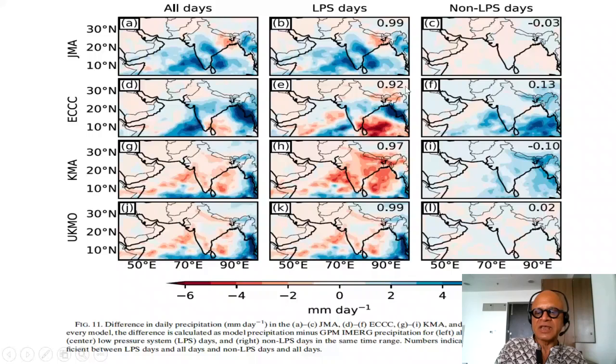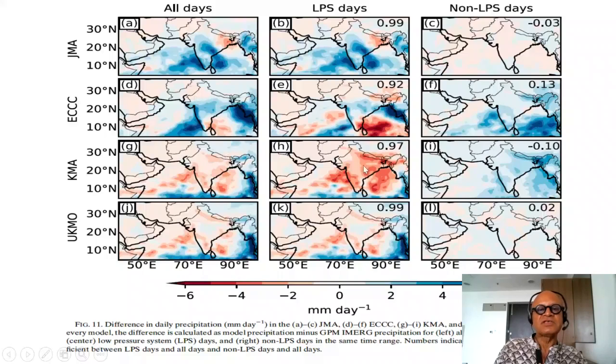So numbers indicate pattern correlation coefficient between LPS days and all days, non-LPS days and all days. So you can see that these correlations are typically high. These correlations, pattern correlations, are typically low. So the non-LPS days rainfall distribution compared to all days is obviously low, but for LPS days it's high.